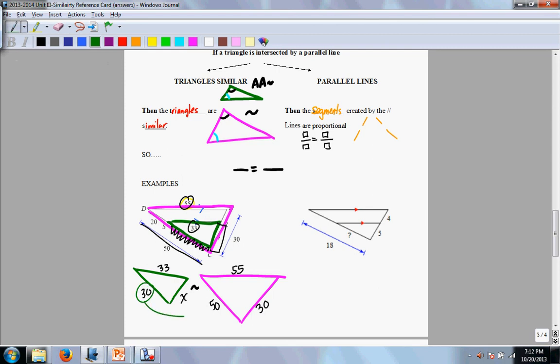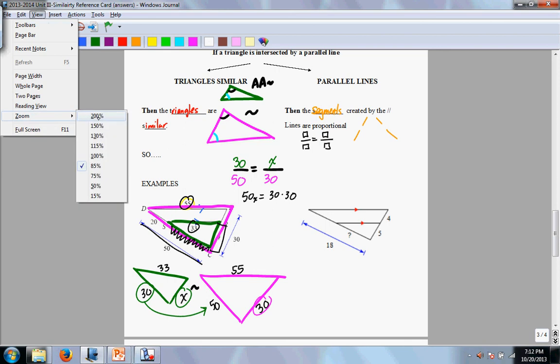So I'm going to go 30 to the 50, left over right, equals unknown to the 30. Now you cross multiply. We end up with 50x equals 30 times 30. The key to multiplying is not multiplying.